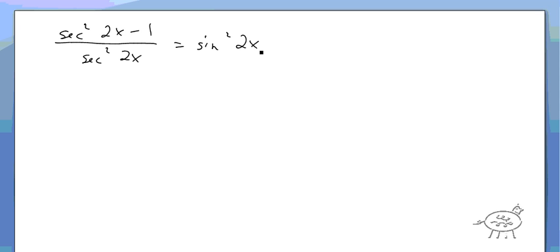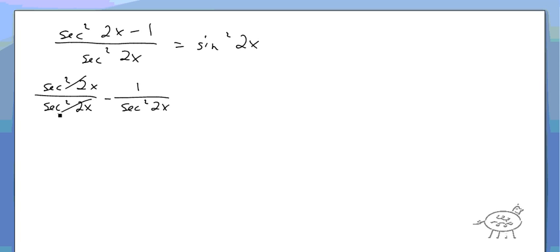Well, you don't necessarily recognize the secant squared of 2x, so you're like, well, geez, what do I do? We didn't learn a double angle for secant squared of 2x. But what you can do is, remember, it's got one denominator. So definitely we're going to work on the left-hand side, but you can split that up. And it's secant squared of 2x over secant squared of 2x minus 1 over secant squared of 2x.